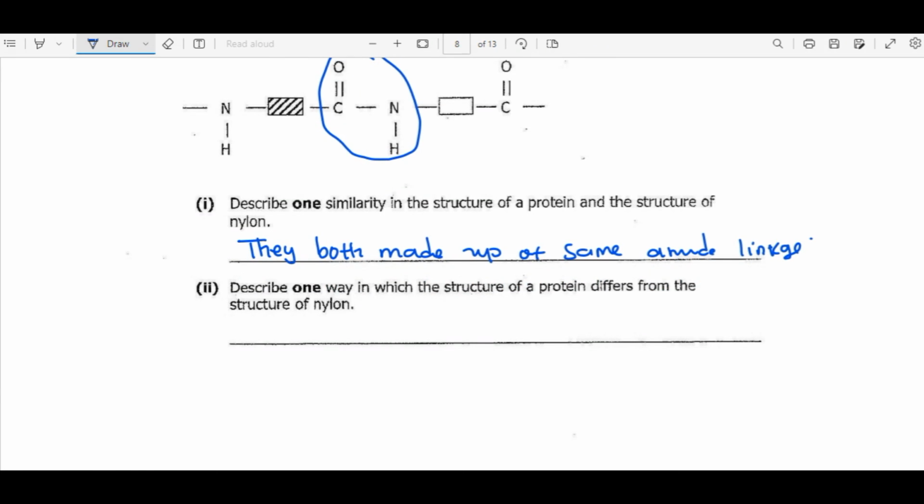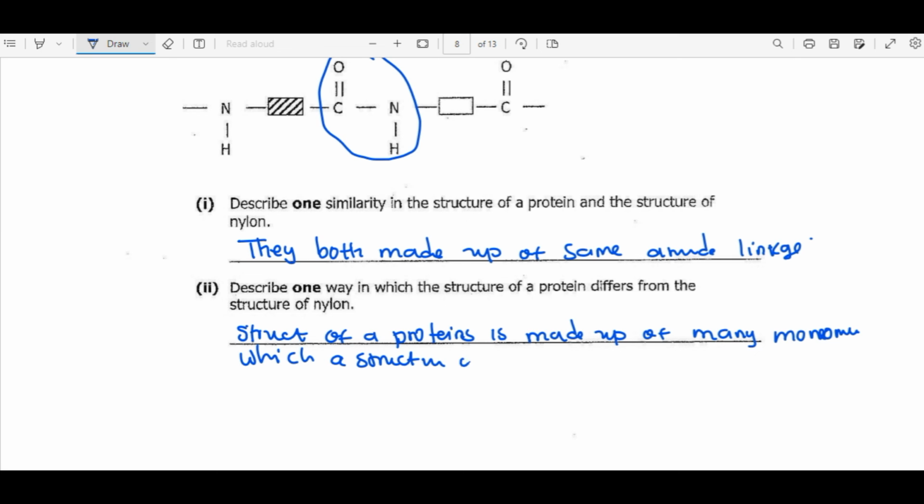Then Roman number 2, describe one way in which the structure of a protein differs from the structure of a nylon. So say the structure of a protein is made up of many monomers, while the structure of nylon is made up of two monomers.